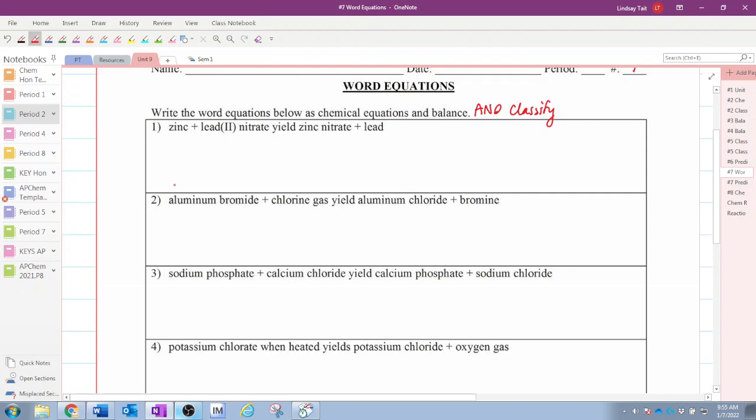For your compounds, most of them are going to be ionic. And when I say most, I think all but one. They're all ionic compounds with metals. And so how do we write formulas for ionic compounds? Crisscross. So you're going to be doing crisscross. Where it says yield, you're going to be putting your arrow, right? You're just turning the words into the formulas.